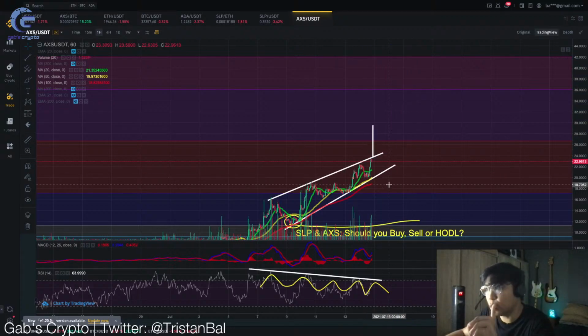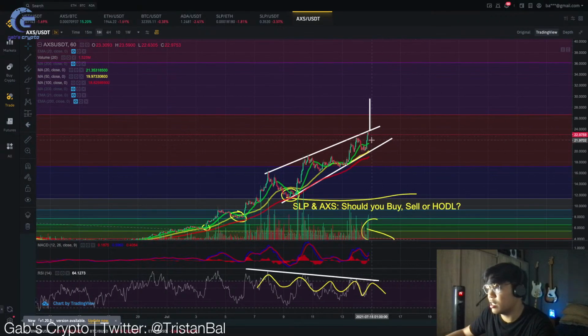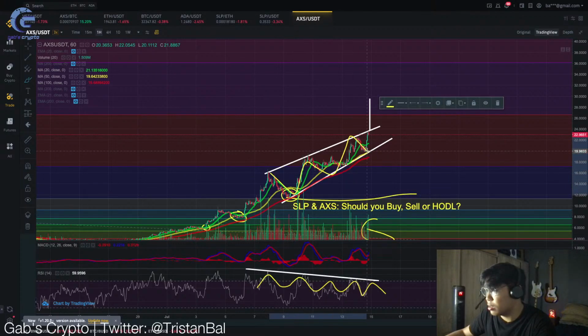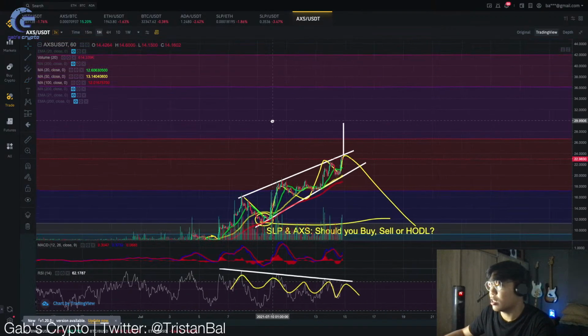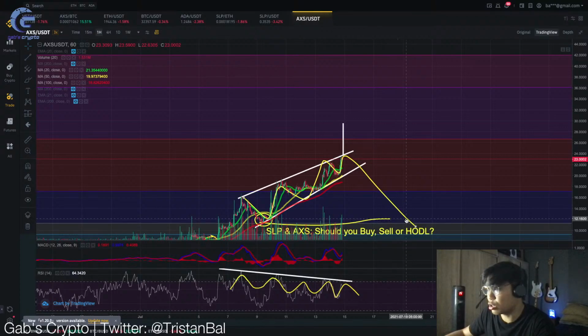Pero if nag-wait kayo, nag-abang kayo ng dip or correction, let's say nag-play out na itong rising wedge. Let's say nag-play out na siya at nag-drop na siya. Pag nag-enter ka dito, ito yung sinasabi ko sa inyo na kailangan nyo mag-dollar cost average.